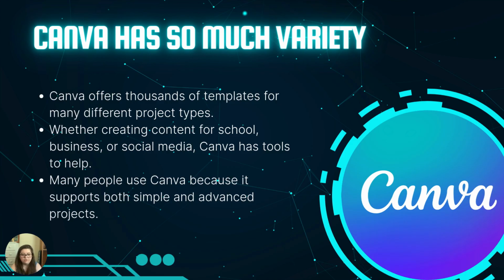It's kind of annoying how expensive it is, but I still like to use Canva for photos and making graphic designs for my personal brand. Canva offers thousands of templates for many different project types. Whether creating content for school, business, or social media, Canva has tools to help. Many people use Canva because it supports both simple and advanced projects, but the more advanced it gets, the harder it gets to use.